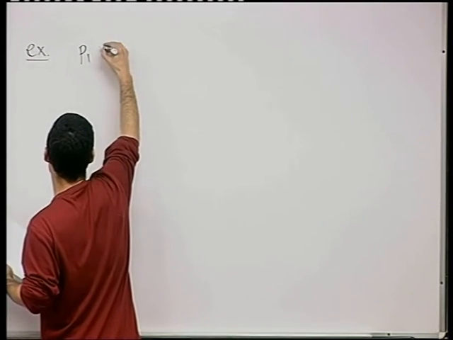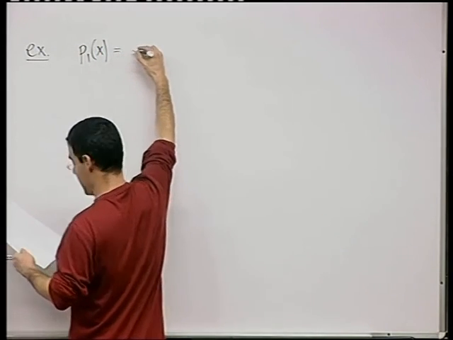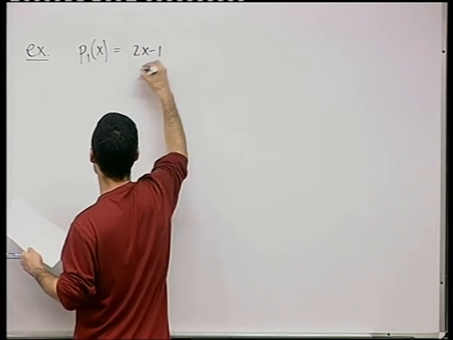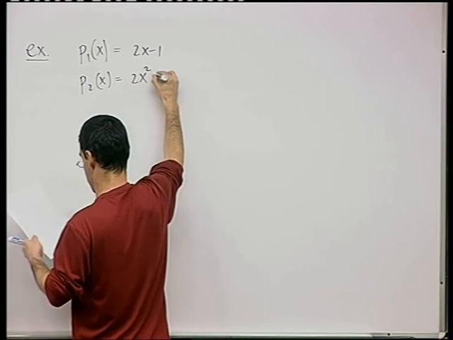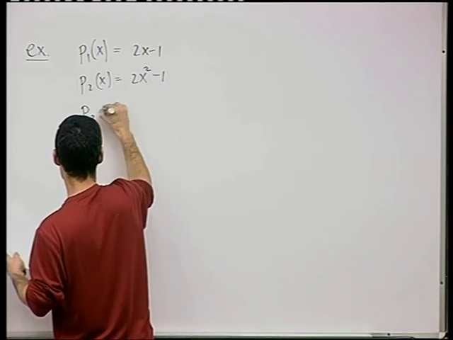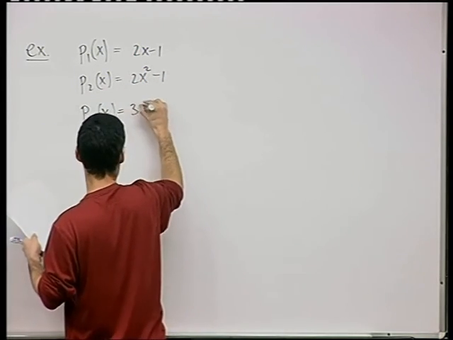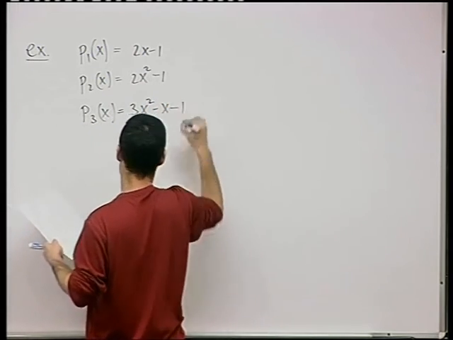Let's take a bunch of polynomials. So P1 of x is going to be 2x minus 1. P2 of x is going to be 2x squared minus 1. And P3 of x is going to be 3x squared minus x minus 1.